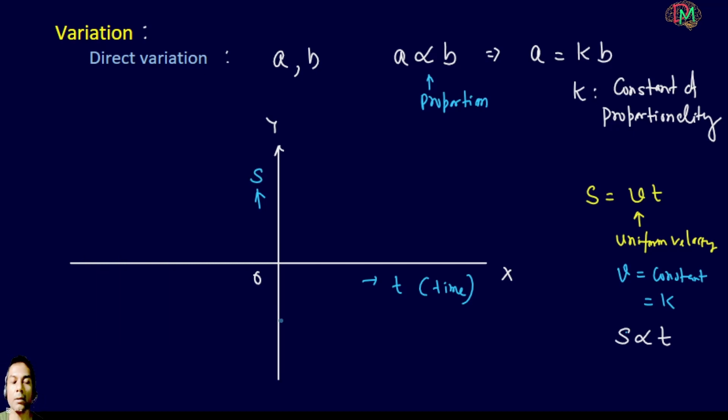So what will be the graph if v is 2 meter per second, where the unit of time is second and the unit of distance is meter? The graph will be a straight line, starting from 0, like this.